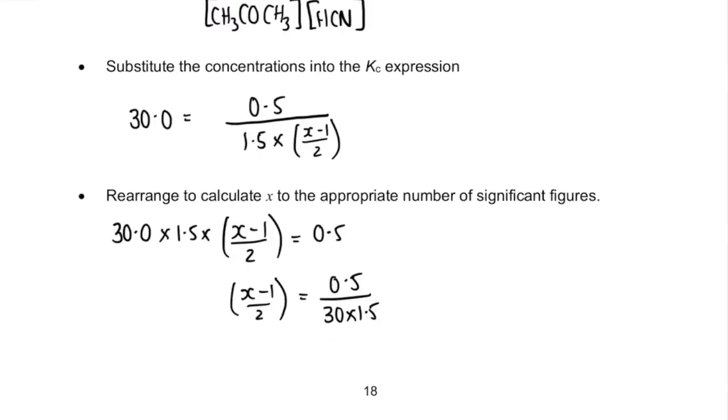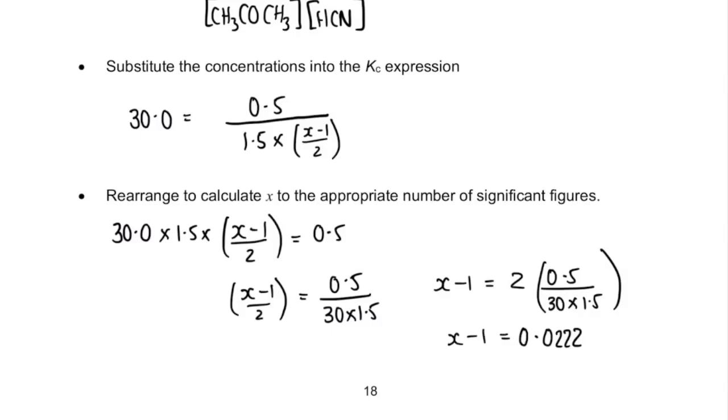Now I can multiply both sides by 2. So X minus 1 equals 2 times all of this, and I can type that on my calculator to work it out. You can put that into your calculator and find a value for X minus 1. What you're seeing is 0.0222 recurring, so X equals 1.02 when we give it to 3 significant figures.